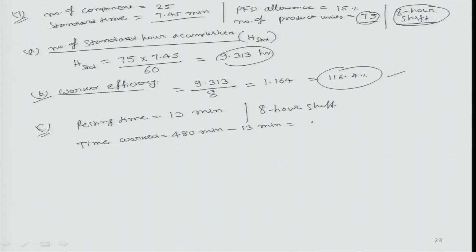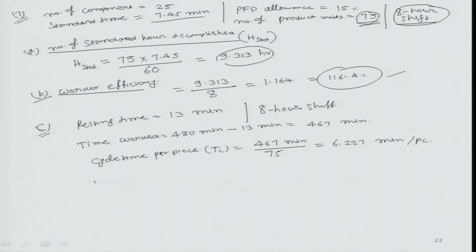So the exact time was 467 minutes. Okay, so what will be the cycle time per piece? 467 minutes divided by how many parts have been produced? 75. That is 6.227 minutes per piece.